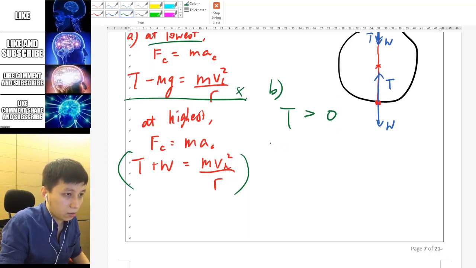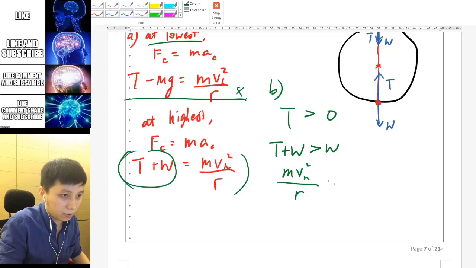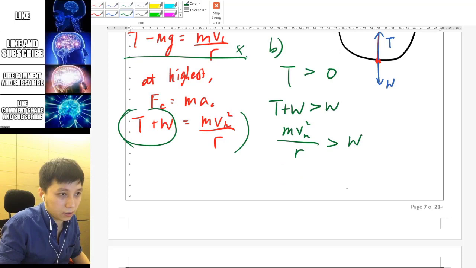Then T plus W is bigger than W. That is to say, mV squared over R at the highest point is bigger than the weight, and then you can have mg here.